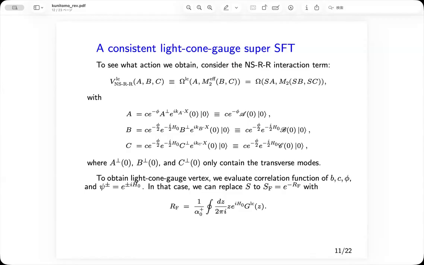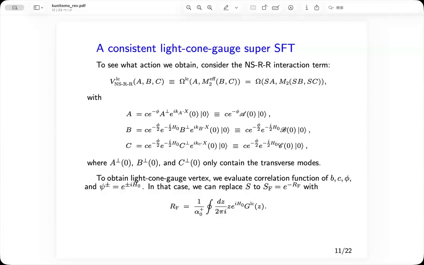To obtain the Ramond-Ramond vertex, we evaluate the correlation function of this physical part. In that case, we can replace this, and in the similarity transformation only this fermionic part survives. Here we see that the bosonic part is not acting on this vertex.